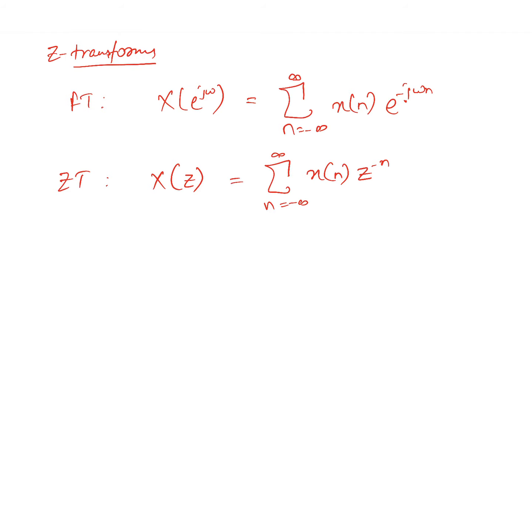Where z is your continuous complex variable. So we shall see that if the sequence does not converge, then how we can compute the frequency domain representation for those sequences.